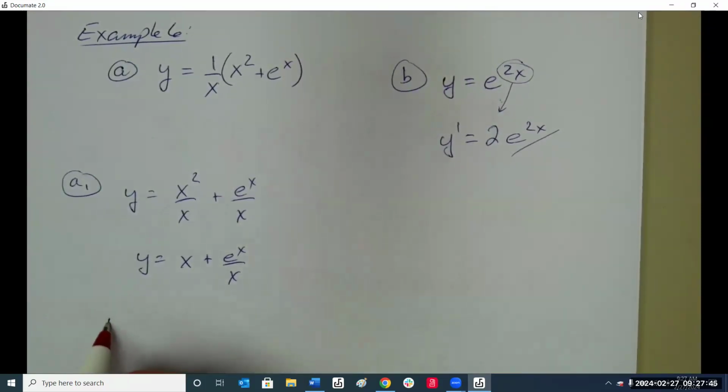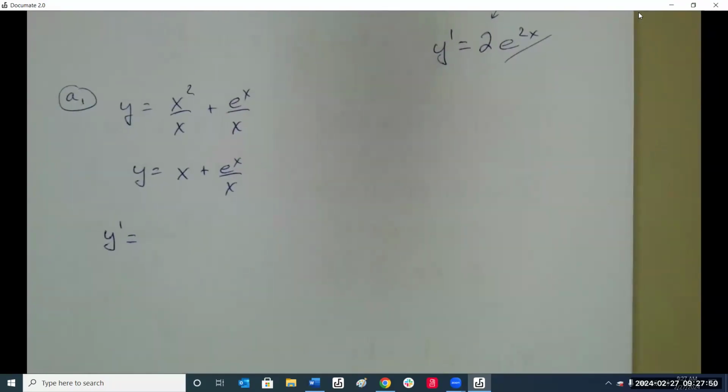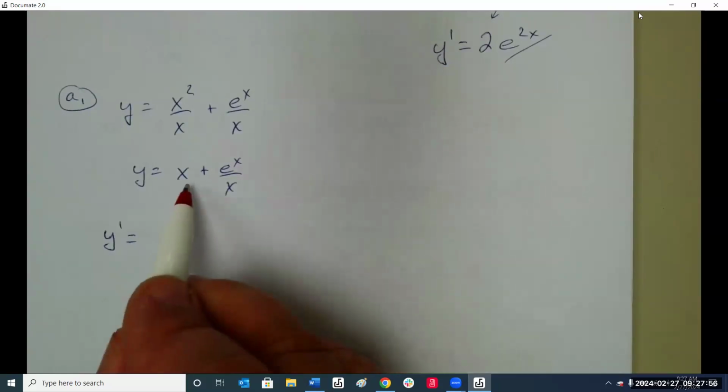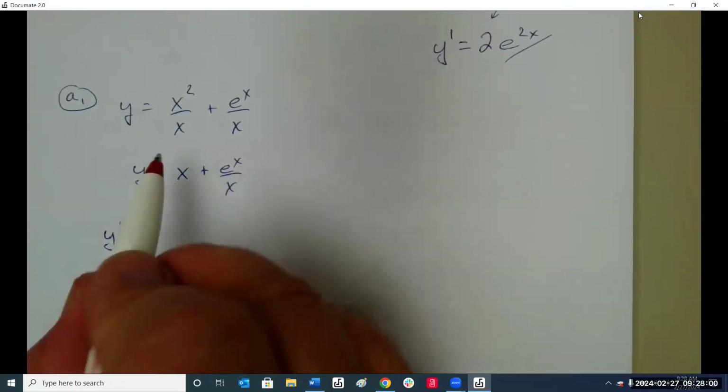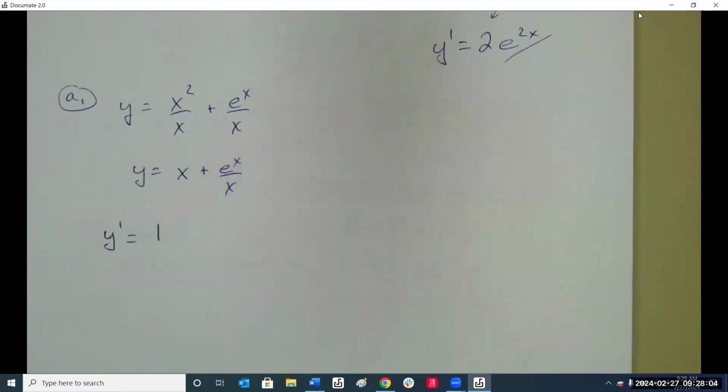Now, how would you find the derivative of this one? It's the sum and difference, so take the derivative of both of these separately. What's the derivative of x? 1.